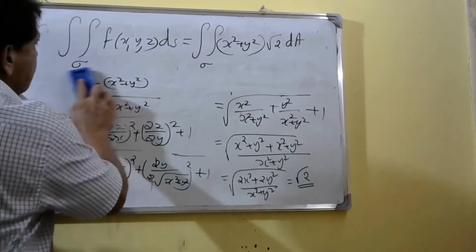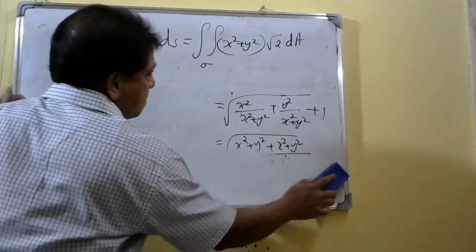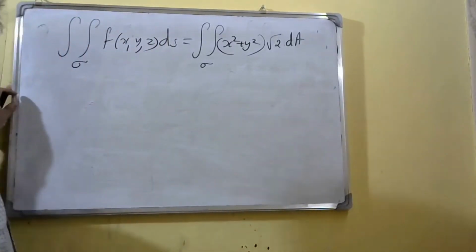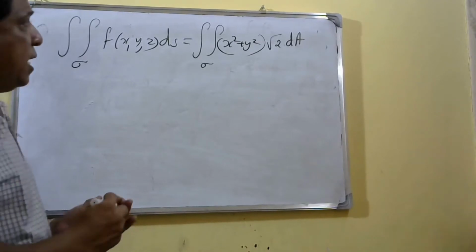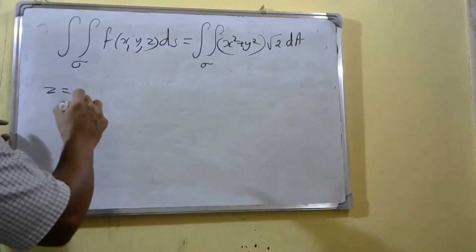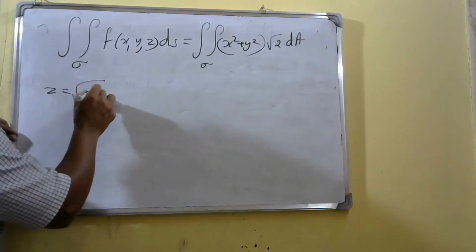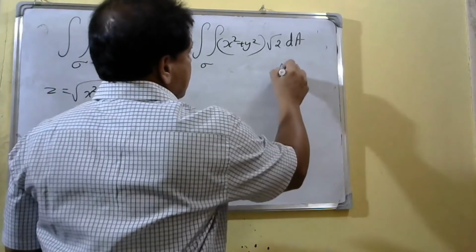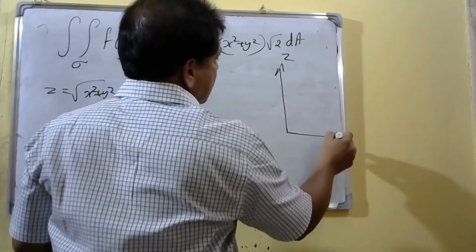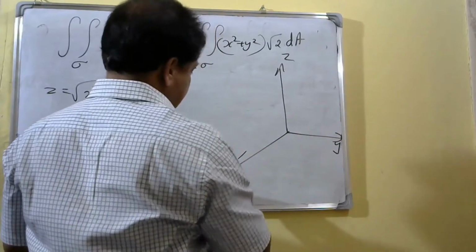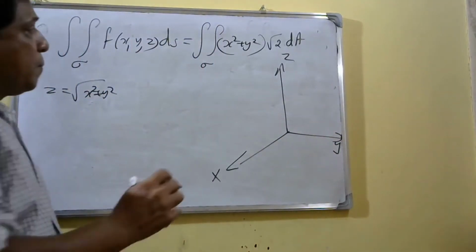Then we can take the projection. Here z is equal to root of x square plus y square. We can draw this. This is z, this is y, this is x.